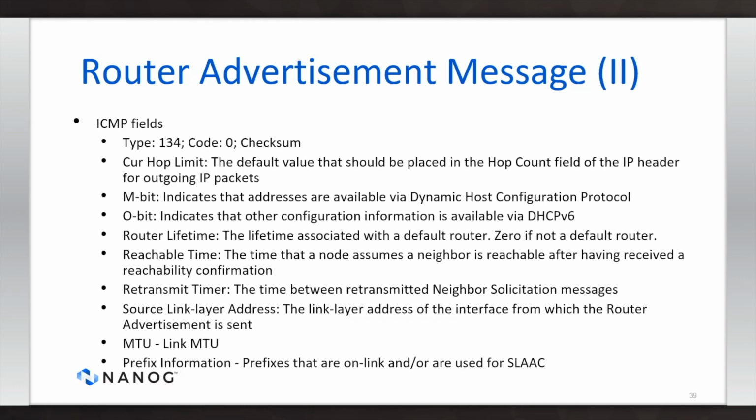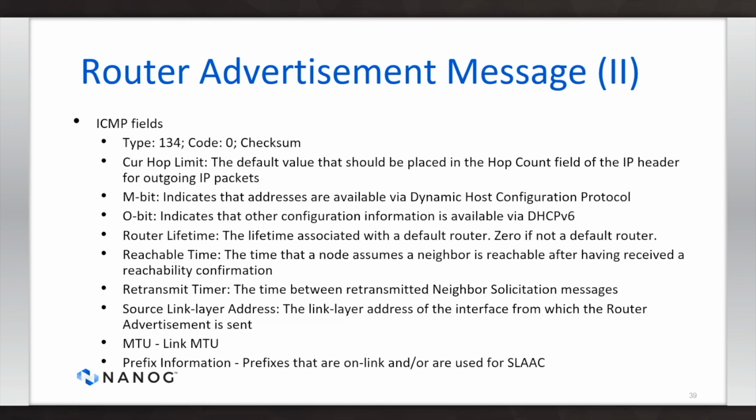And the router advertisement message has a lot of payload in it. It has a type, a current hop limit, which is the default value that should be placed in the hop count field, IP header for outgoing packets, an M bit and an O bit that tell you whether additional information is available from DHCPv6 or if DHCP is running at all. These are a bit difficult to interpret.